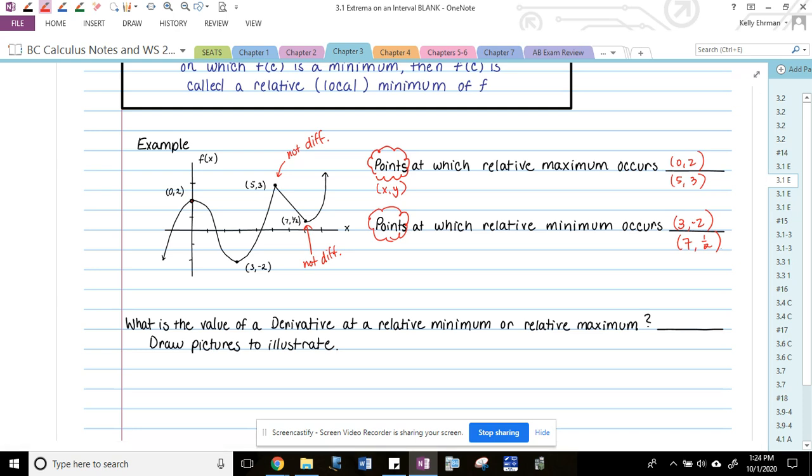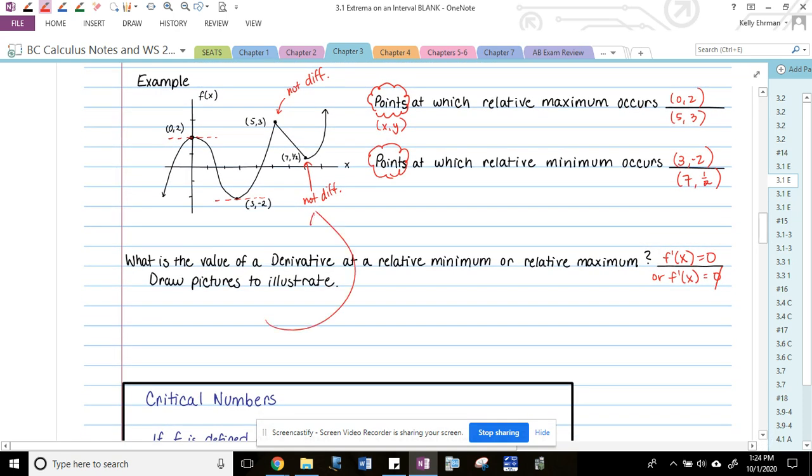In our nice differentiable places, you should have noticed, those have horizontal tangents. Our not differentiable places were sharp turns. So we could have f prime of x equal to 0, or we could have f prime of x undefined. Draw pictures to illustrate. I kind of did that up there already, drawing in the horizontal tangents or the sharp turns.